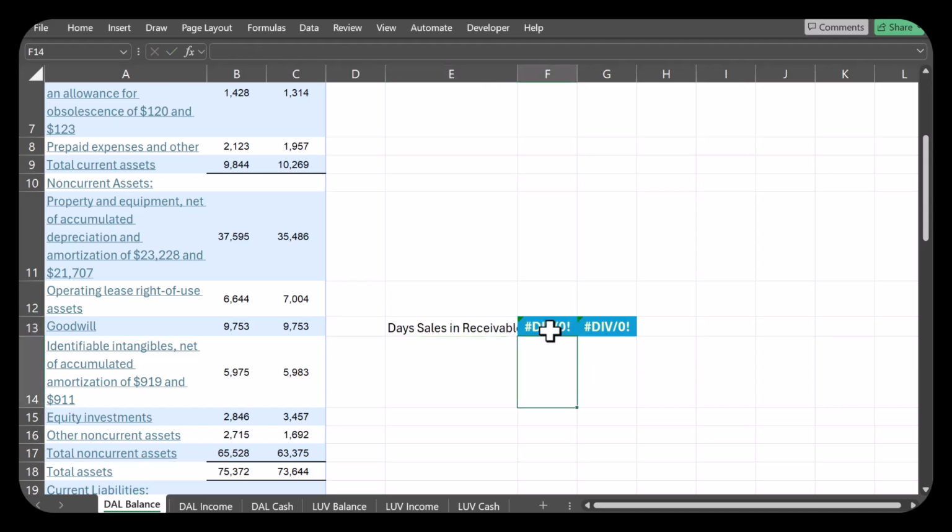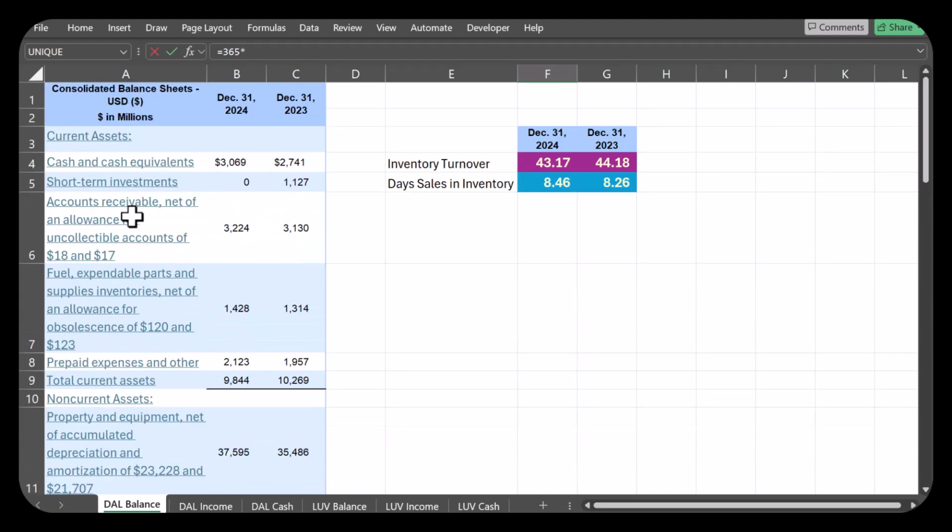So I'm going to take 365 times accounts receivable divided by total revenue.